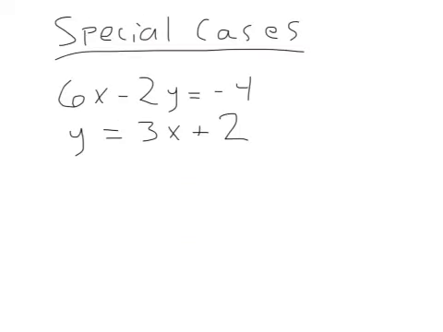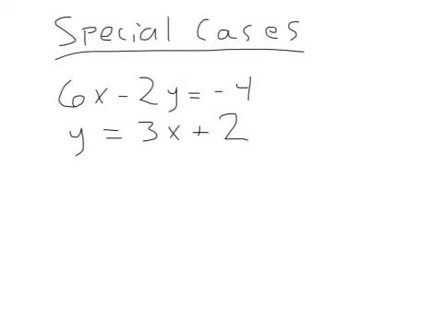Alright, that's about it, but let's take a look at a couple special cases. Not that you have to do anything differently, it's just you're going to see something interesting once you solve. So let's do this one real quick. 6x minus 2y equals negative 4. y equals 3x plus 2. I already have my y by itself, so step 1 is done.